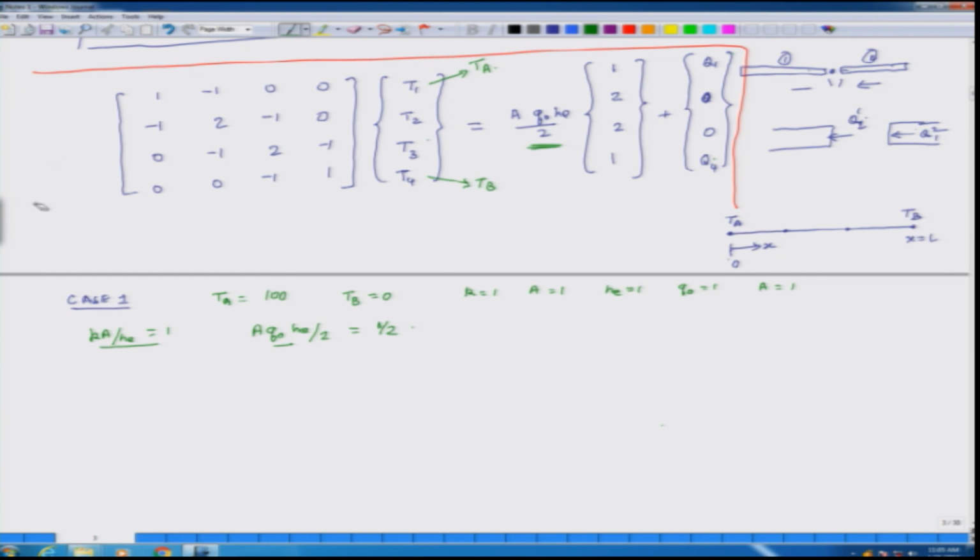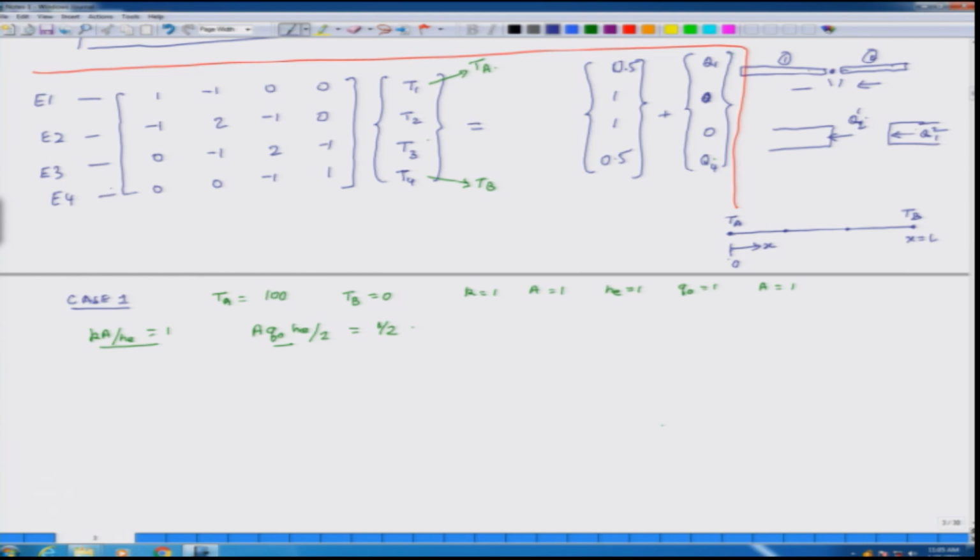So, that goes away, and this term becomes half, so this becomes 0.5 and this becomes 1, 1 and 0.5. So, I will call this equation 1, equation 2, equation 3, and this is equation 4.